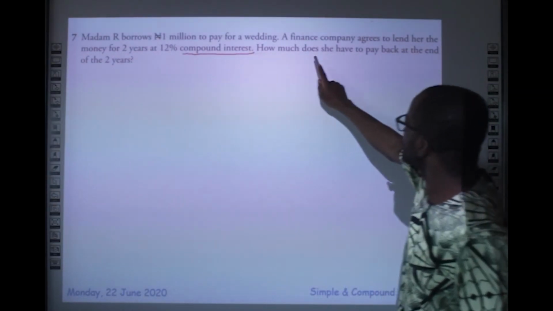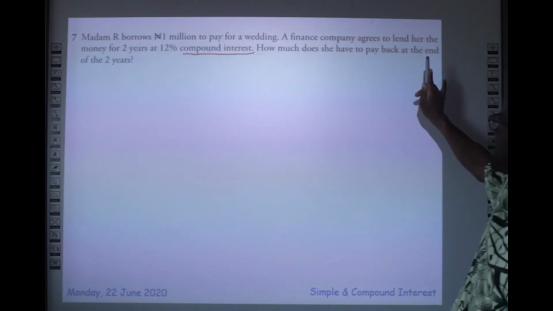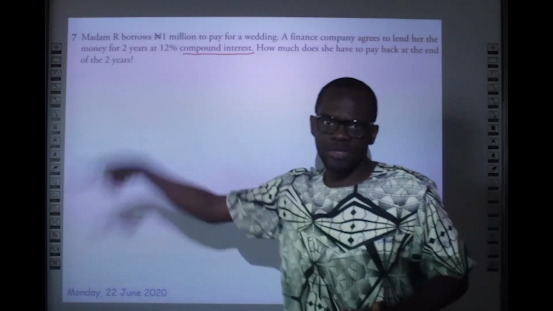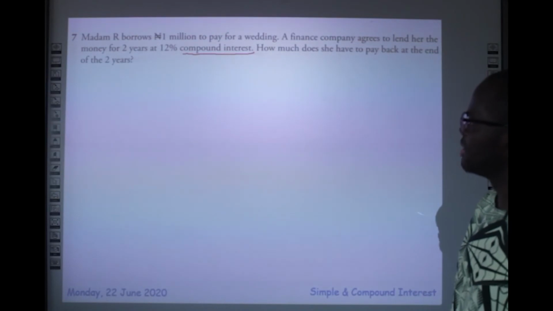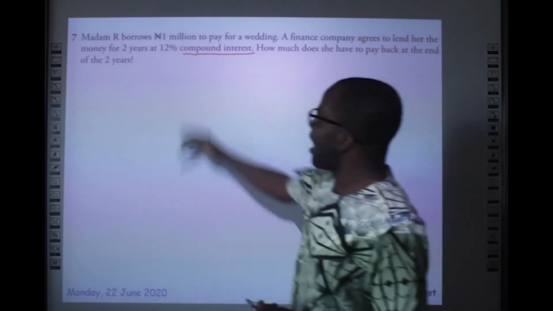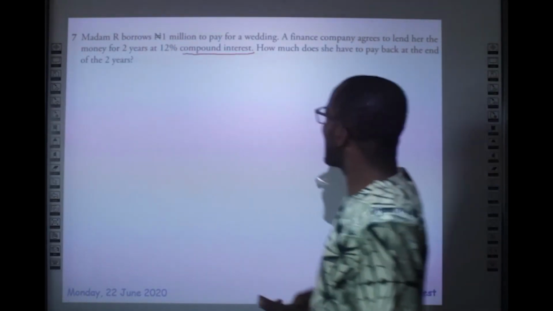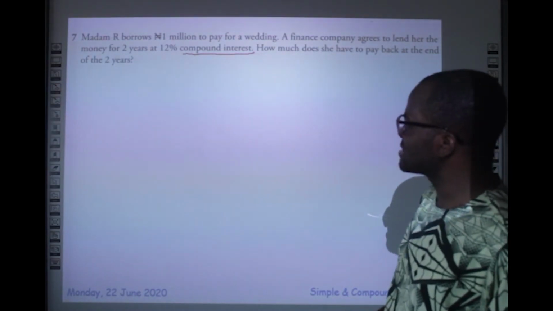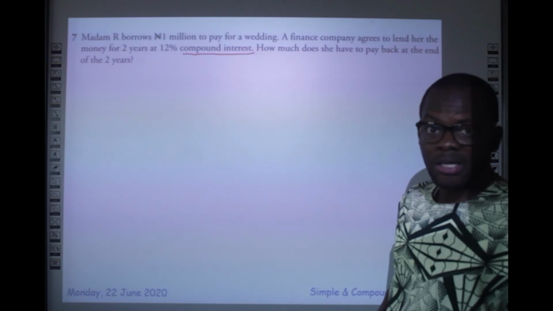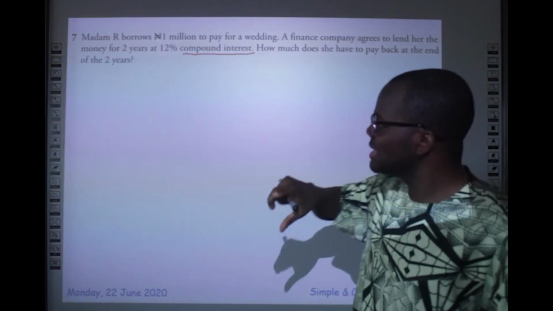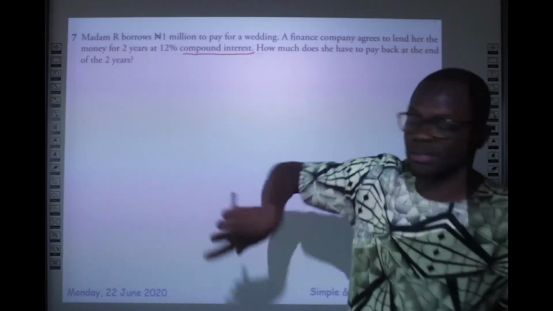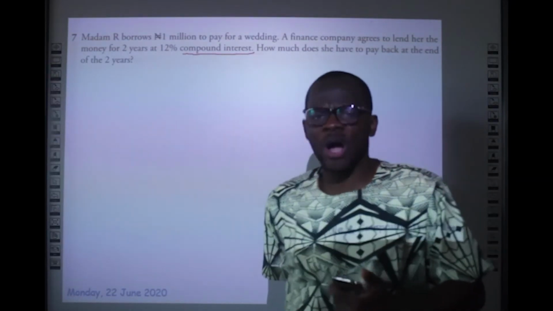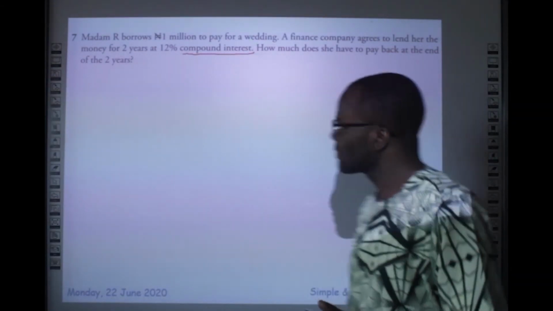Okay, now how much does she have to pay back at the end of the 2 years? Okay, so Madam R borrows 1 million naira for a wedding. Okay, and the interest rate is 12%. And she has to pay back this money with the interest after 2 years. So I want to know how much she gets to pay back. Okay.